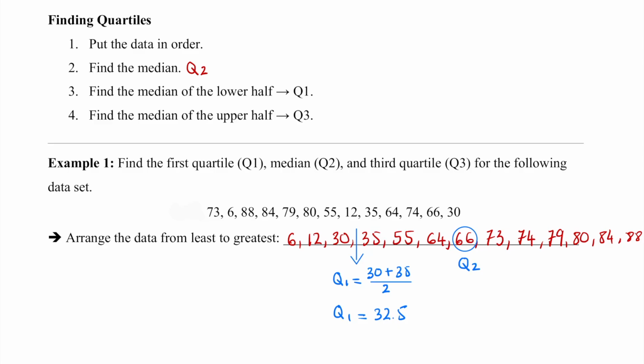Now, let's find Q3. Q3 is the median of the upper half. Again, there are 6 values. Q3 is right here, which is the average of 79 and 80. So Q3 is 79 plus 80 divided by 2, which is 79.5.